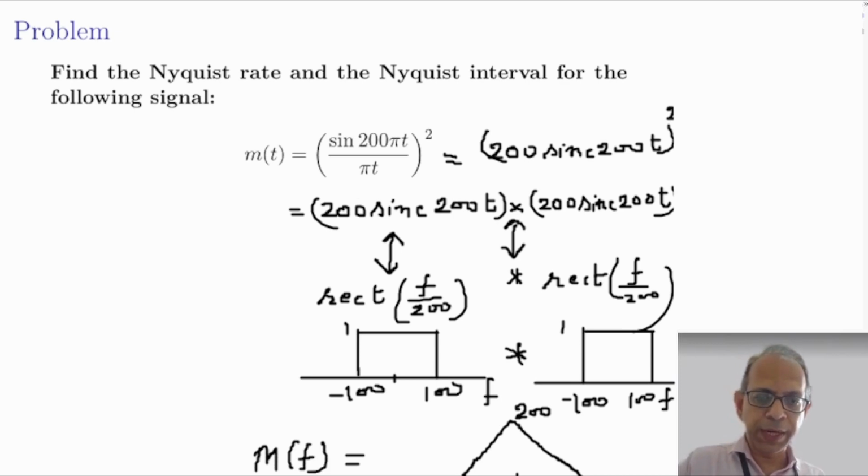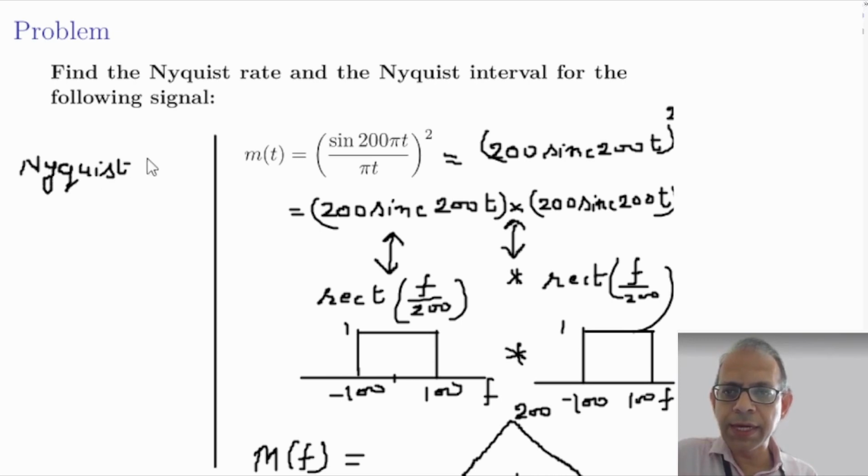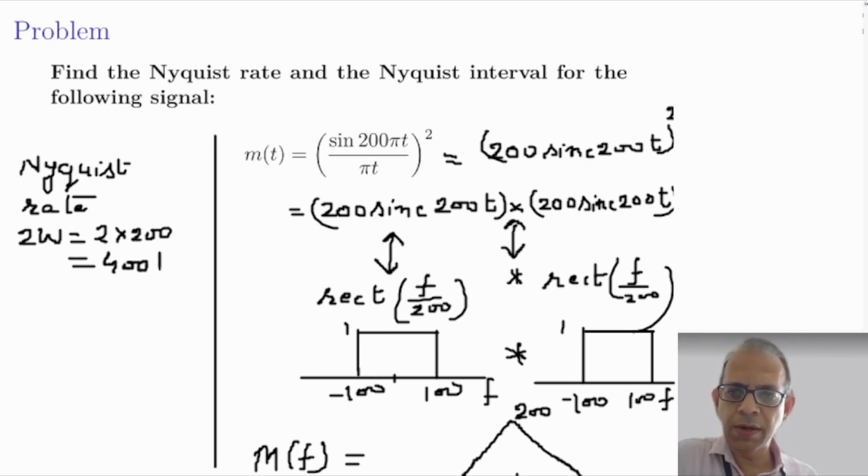And once we know the spectrum, we know the maximum frequency content. So here W, this 200, is the maximum frequency, and therefore the Nyquist rate for this signal should be 2W, which is equal to 2 into 200, that is 400 hertz or 400 samples per second.